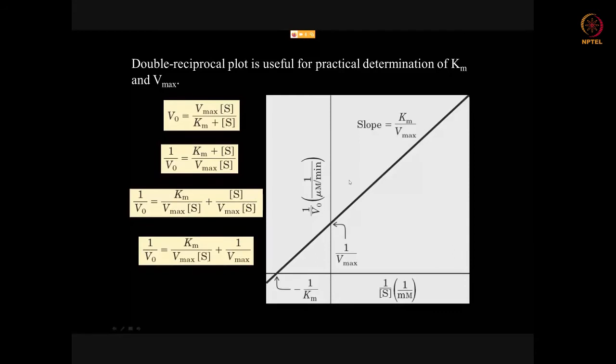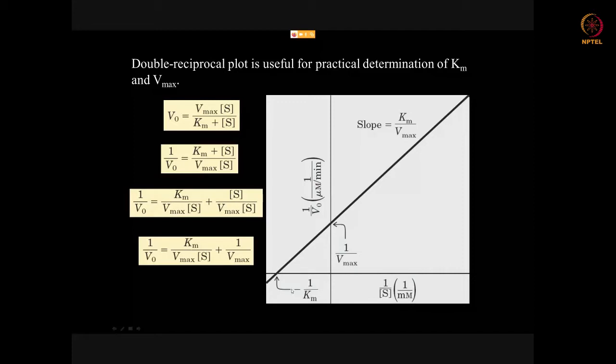Now going by that, we know the slope. Slope for the straight line will be m, and therefore it is Km by Vmax. So the slope of this line is Km by Vmax. And the y-axis intercept will be c in the equation for a linear line, and therefore it is 1 by Vmax.